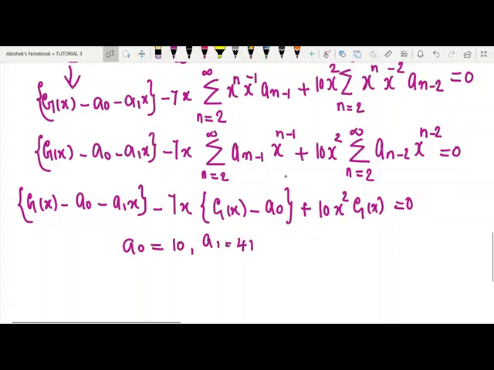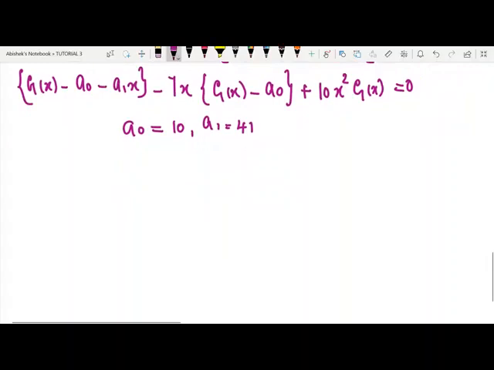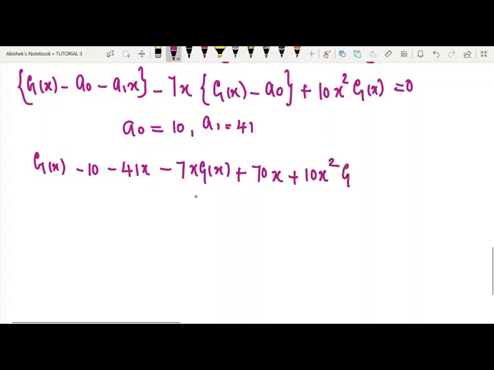Substitute these values in the above expression. g of x minus 10 minus 41x minus 7x g of x plus 70x plus 10x square g of x equals 0.